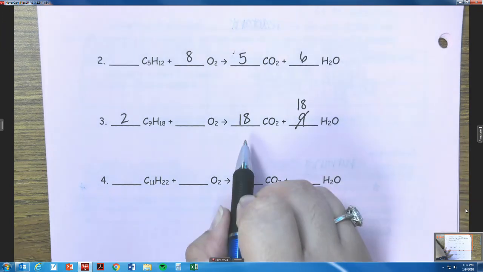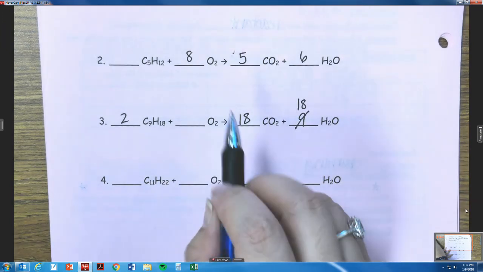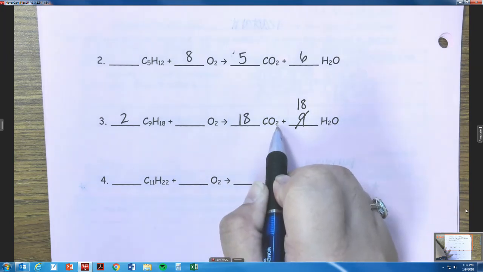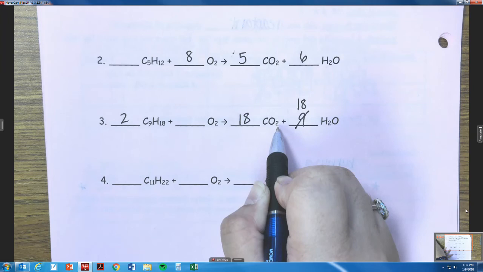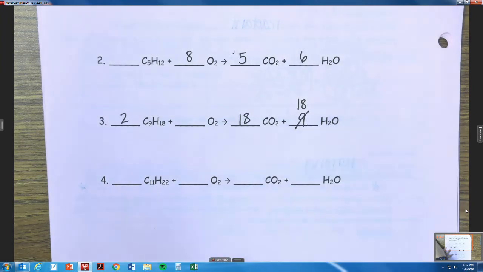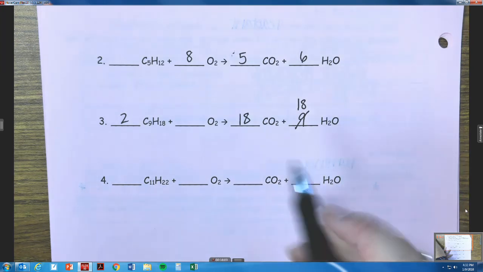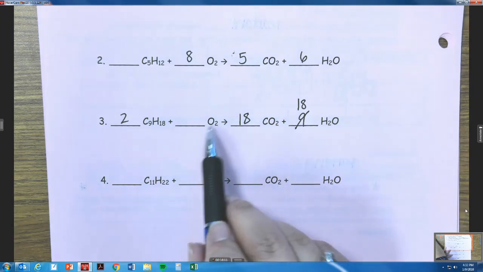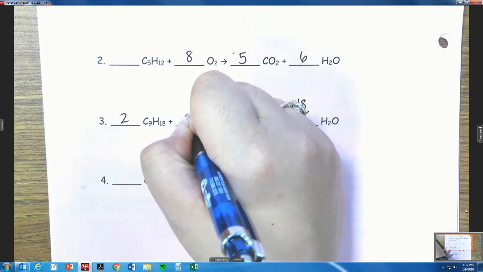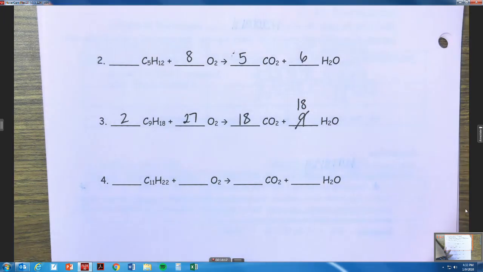Okay, so now that carbon is balanced, we're going to take a look at oxygen. 18 times 2, again, is 36, plus another 18, is 54. So 54 divided by 2 is going to equal 27.